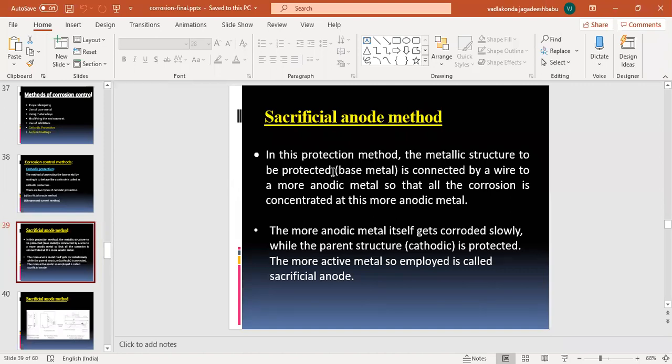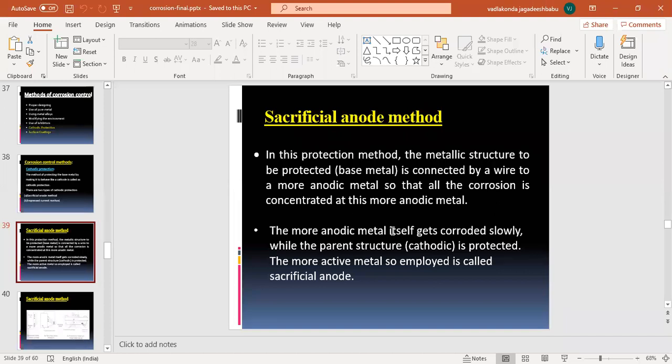Here we consider the metallic structure to be protected as the base metal, and to it we connect the metal with high oxidation potential. That metal acts as the anode to the base metal, and we connect them through a wire. When the metallic structure is connected to the more anodic metal, our structure becomes the cathode and is protected from corrosion.